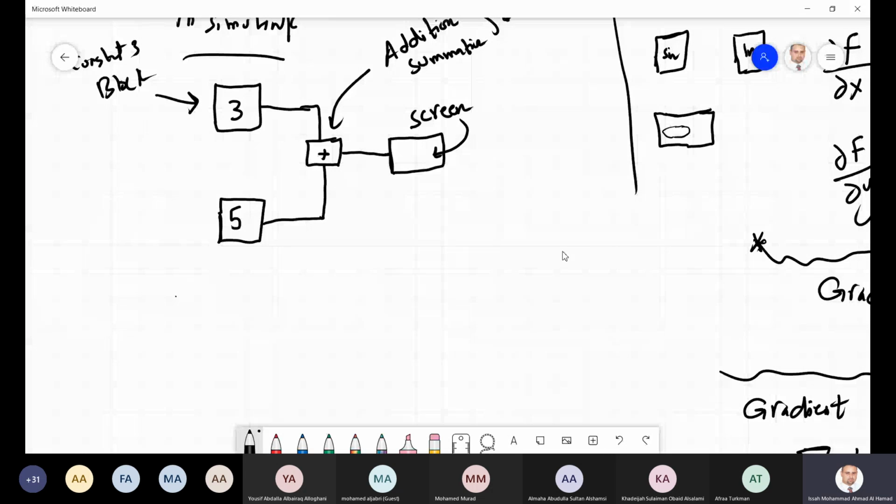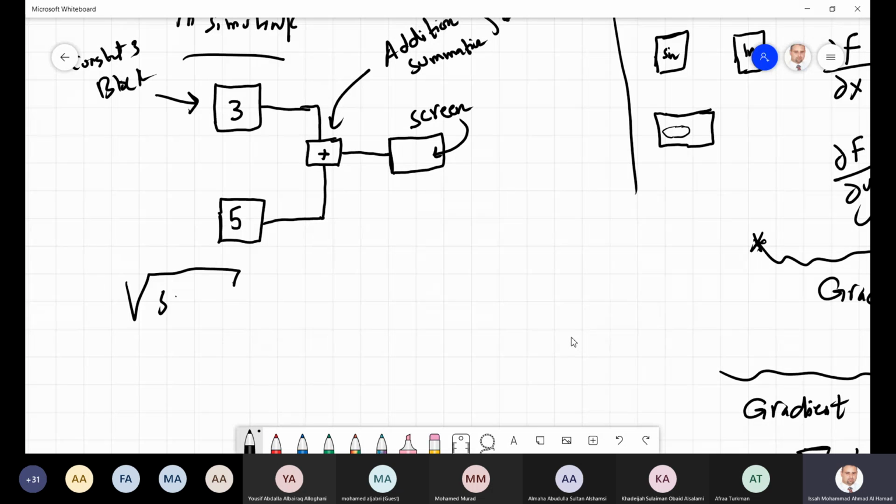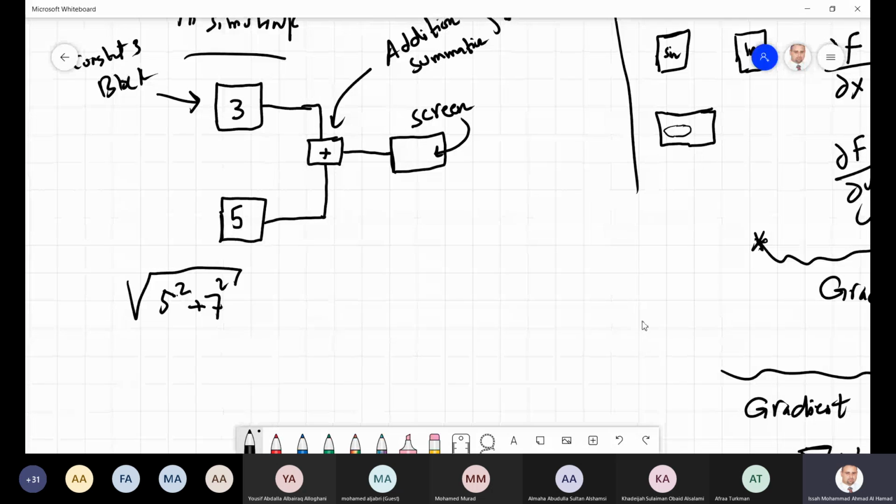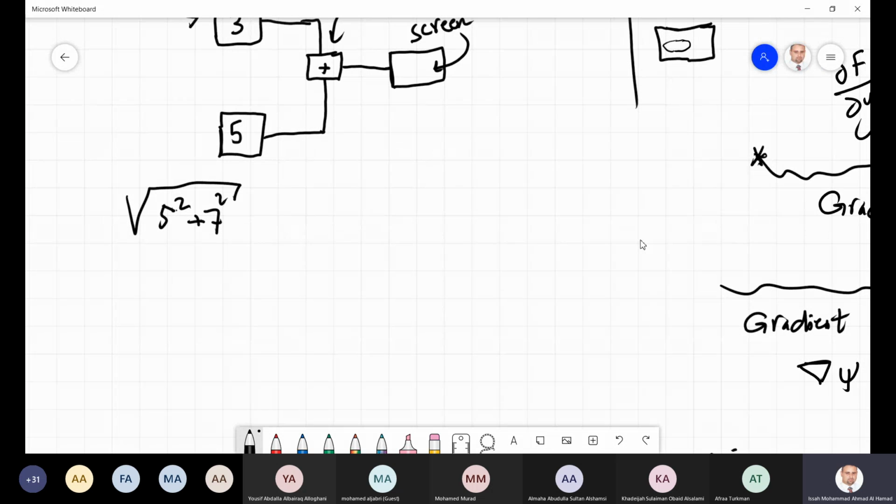So now if I give you, for example, let's take an example from here. And you have to think in the same way. So if I give you like square root of 5 plus, okay, so you start by, for example, constant 5 and constant 7. I have two constants.